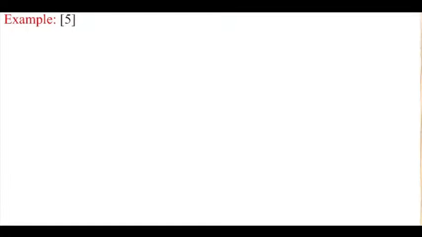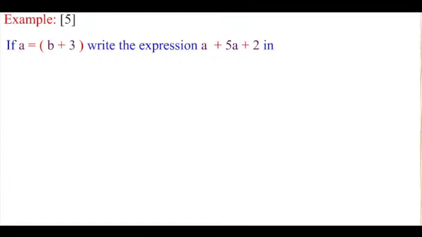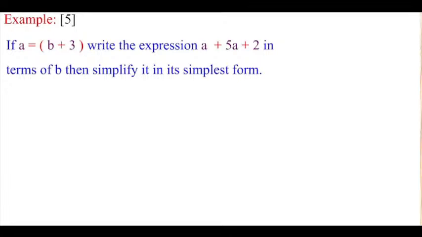Example 5. If a equals b plus 3, write the expression a squared plus 5a plus 2 in terms of b. Then simplify it into the simplest form. Solution.